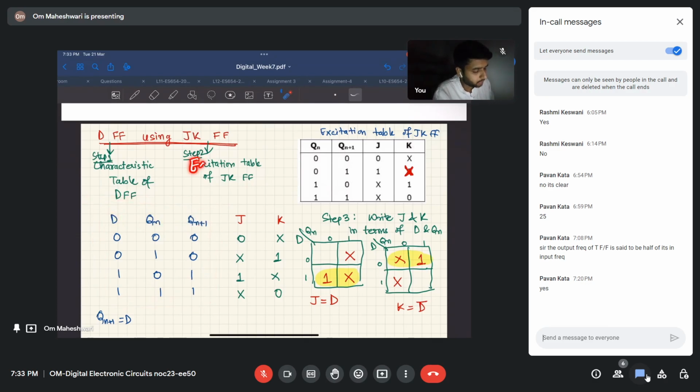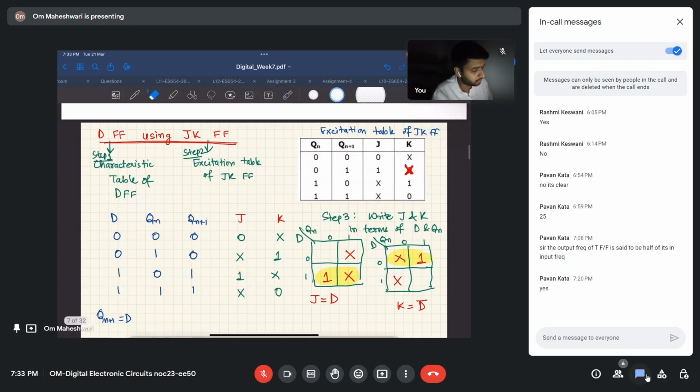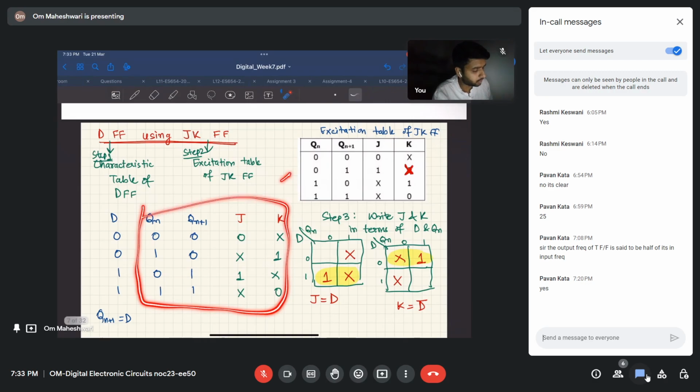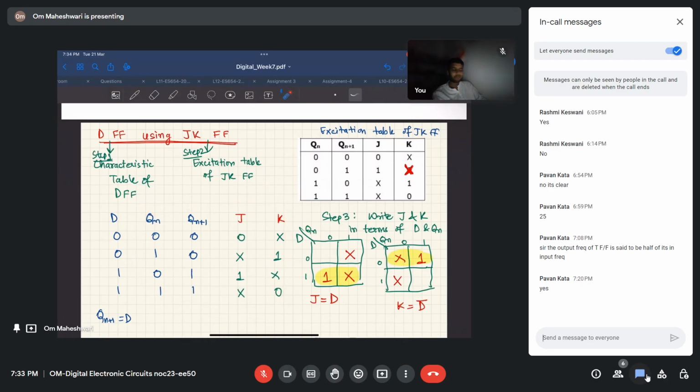Then we write the excitation table of what we already have. So this is the excitation table, right? Since this is just a rearranged version of this, both are the same. So we write the excitation table of what we have.